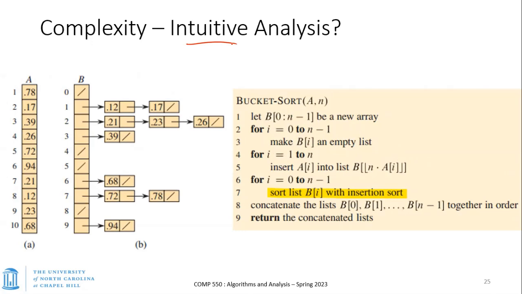It does have a little bit of quirkiness, you might say, because it's using inside it an algorithm which has a complexity of order of n squared, where n would be the number of elements inside a particular bucket. So if it wasn't for line 7, let's just disregard this for a minute. What's the complexity of this algorithm?